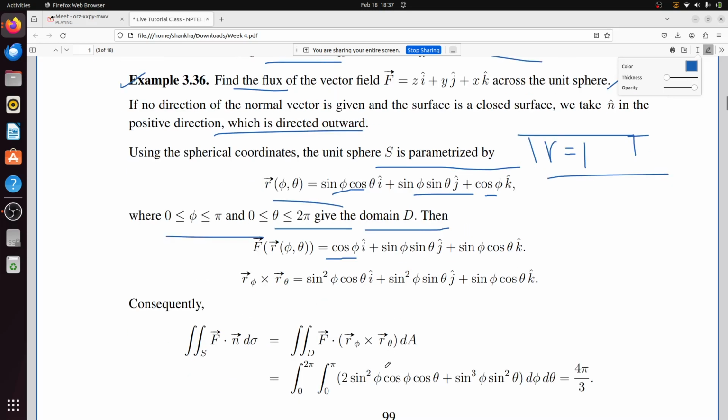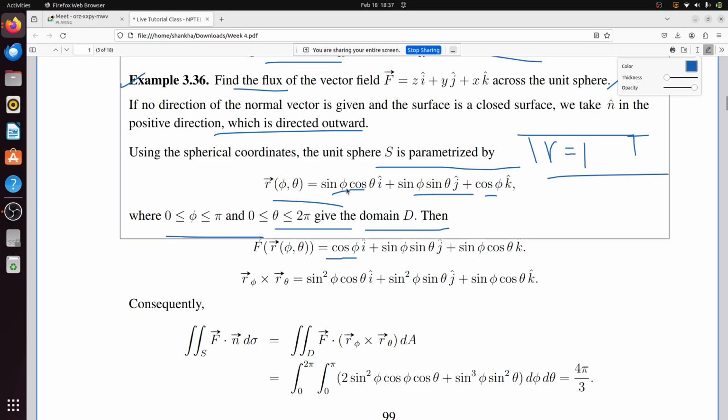In spherical polar coordinates, the Cartesian coordinates x, y and z are replaced by r sin phi cos theta, r sin phi sin theta, and r cos phi. Since r equal to 1, z becomes only cos phi, and y is replaced by only sin phi into sin theta. That is how it is parameterized.